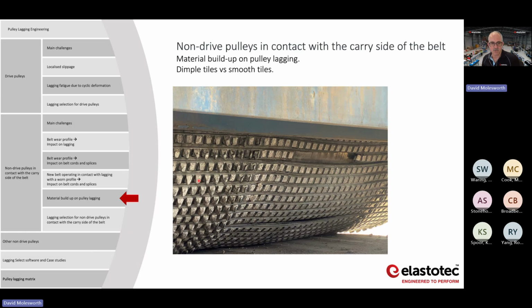They treat the ore with sulfuric acid, and it wants to bond onto the ceramic tiles. If you then give it something like a dimpled tile to bond onto, you get these, we call them dragon's teeth. So I guess what we would recommend for a pulley like this is that it actually should be rubber lagging rather than ceramic.